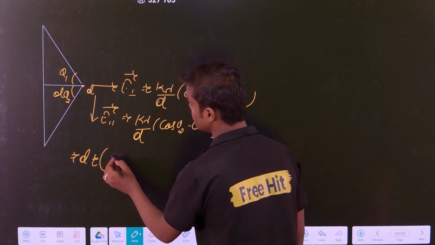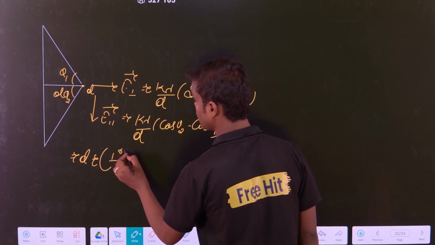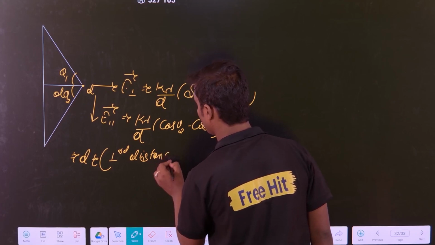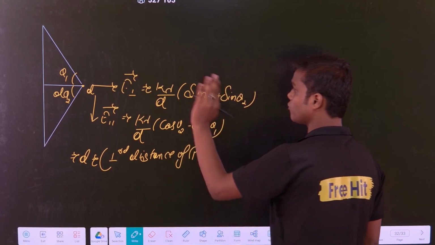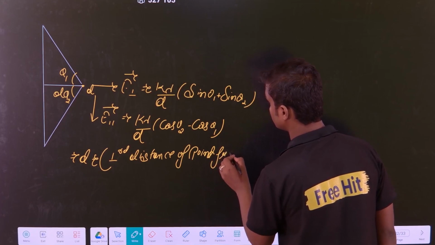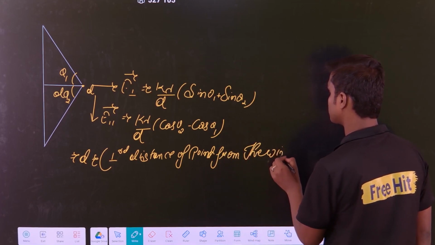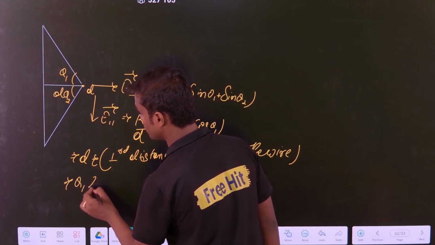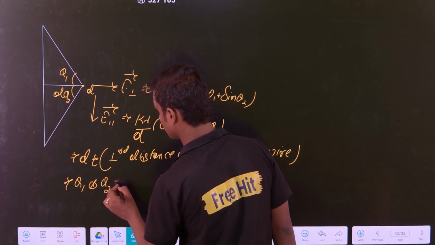D is the perpendicular distance of the point, where you have to find the field, from the wire. That is the first thing. Second thing, what are theta 1 and theta 2?